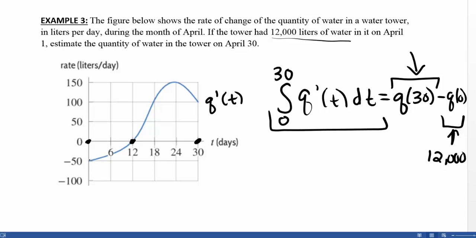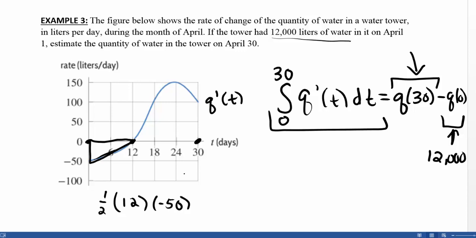If I'm estimating this area, it looks pretty close to a triangle, so I'm going to use triangles to estimate the area under the curve. I'm going to do 1/2 base times height. My base here is 12 units long, and my height is -50.